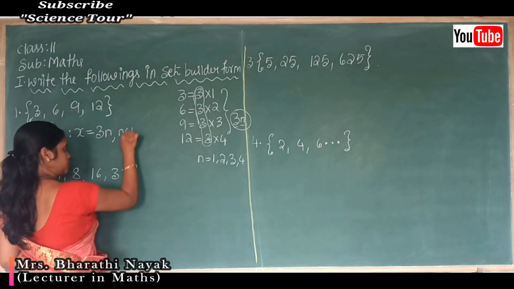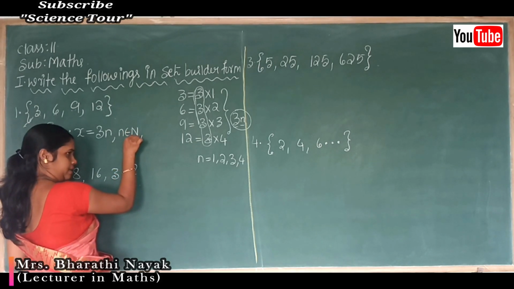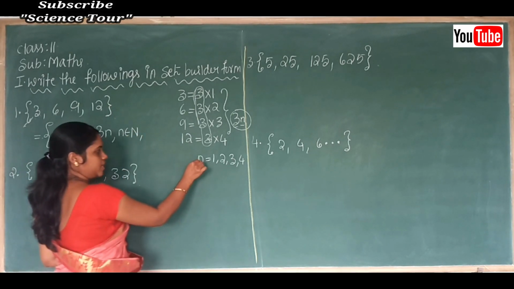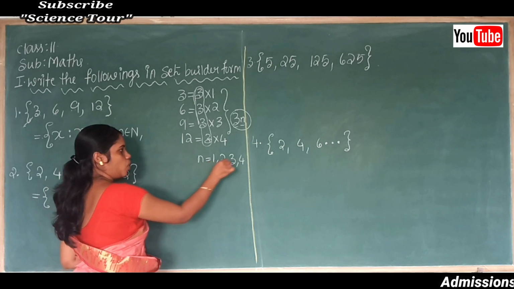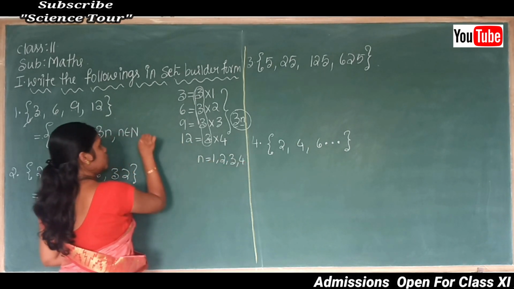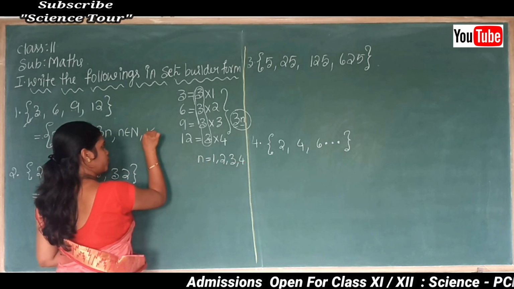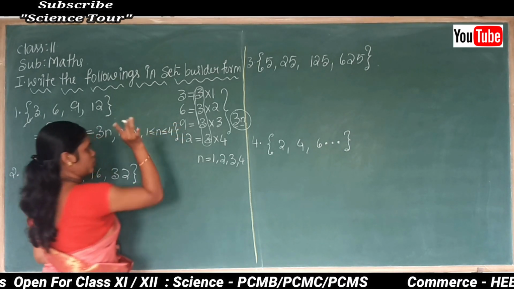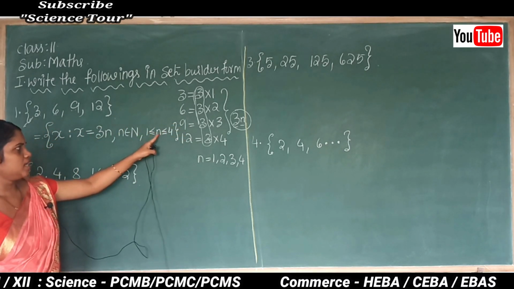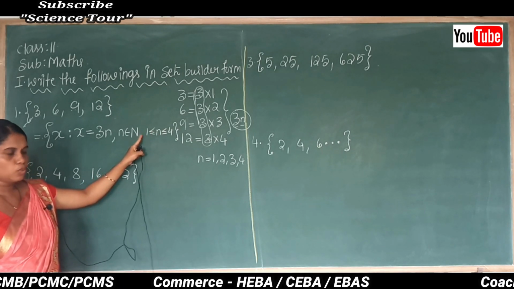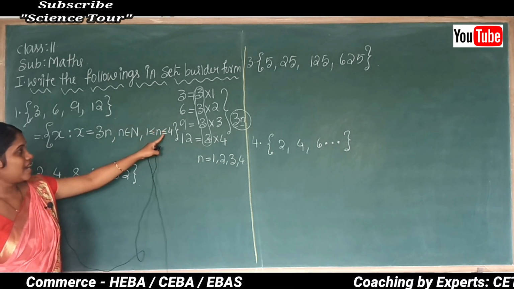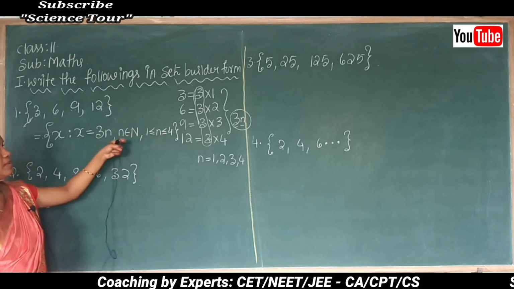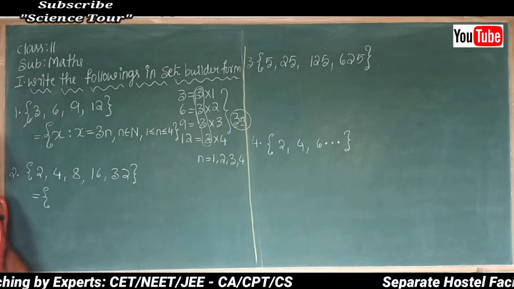So here n belongs to N, meaning capital letter N. Also the value of n lies between 1 and 4, so n is greater than or equal to 1, but less than or equal to 4. So this is known as the set builder form of the given set.